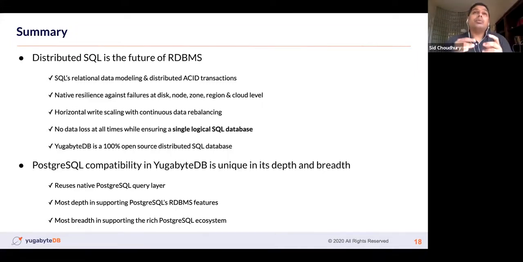Now, coming to Postgres compatibility itself, it is unique in the market with respect to its depth and breadth, because it starts out by reuse rather than a rebuild of the Postgres native query layer.